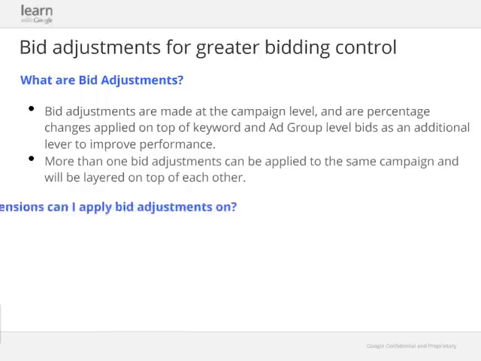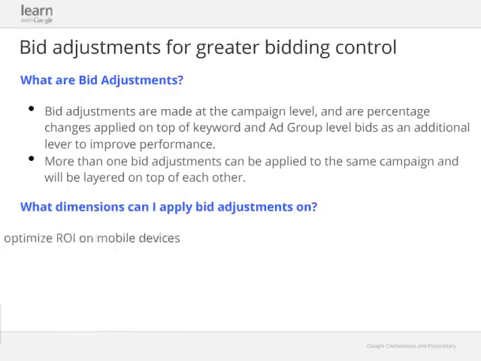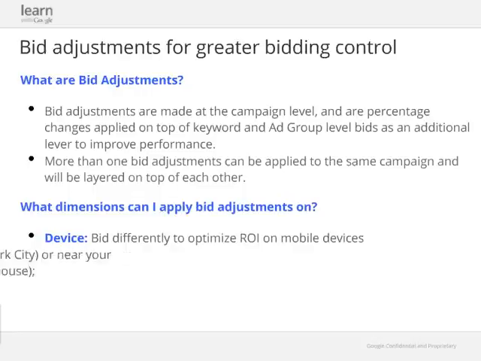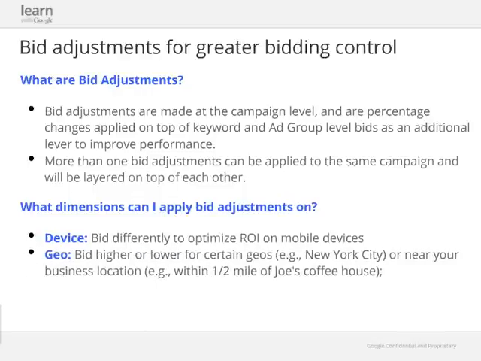So for example, device, right? You could bid differently to optimize your ROI on your mobile device. You can bid more, you can bid less, as I mentioned in the last slide. You can bid higher or lower for certain geos, right? The example here gives you New York City, but depending on your location targeting ability, you could bid higher or lower for your cities in your country here in Australia.